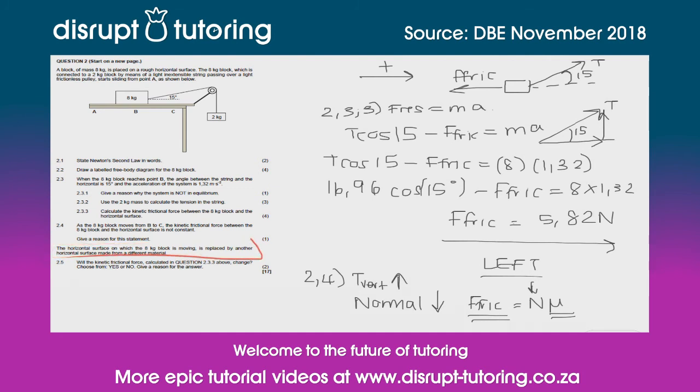So this part here basically says that it's replaced by another horizontal surface made of a different material. So that's why the answer is yes, because your frictional force depends solely on the surface. So yes, because if you change the material, it's going to change that coefficient of kinetic friction, which means that your frictional force will change if the material is changed.